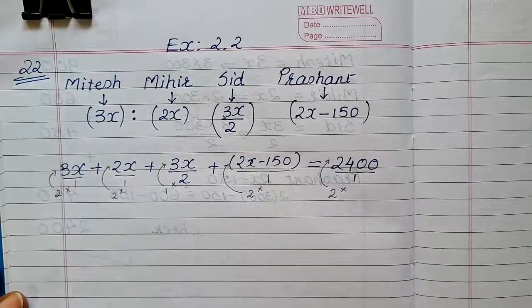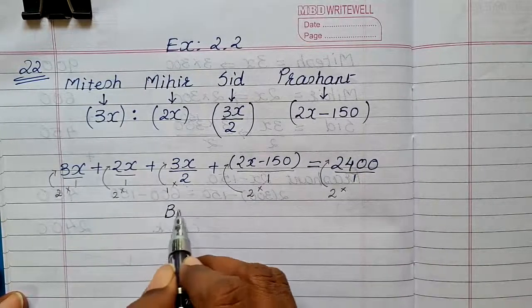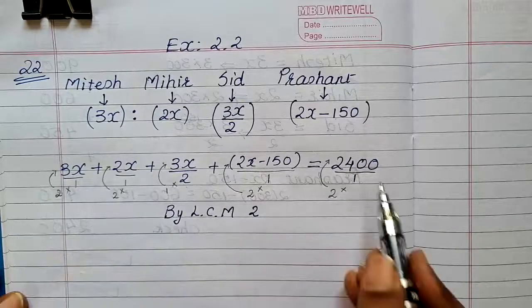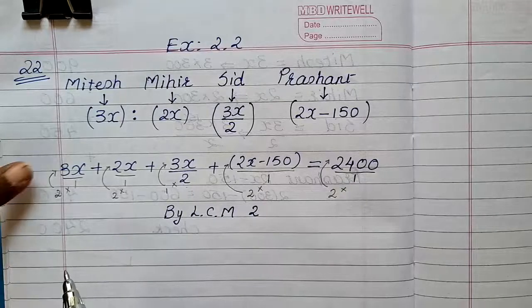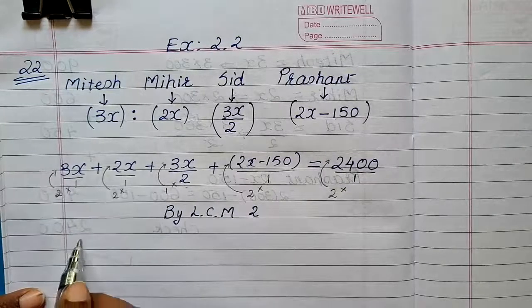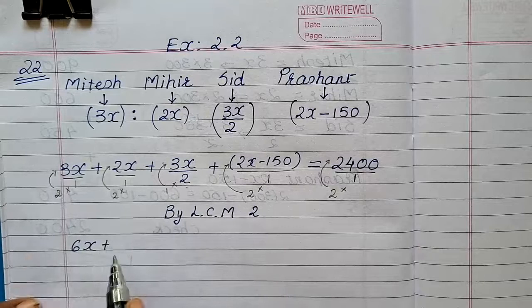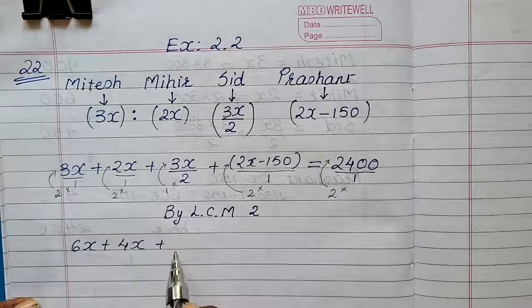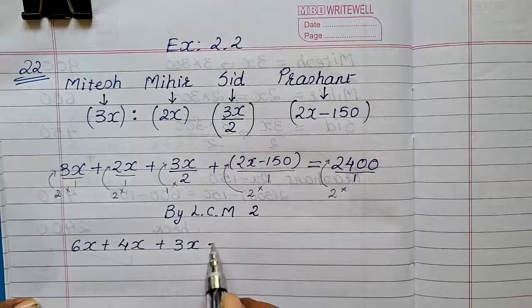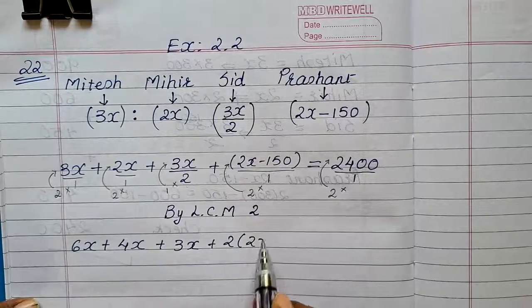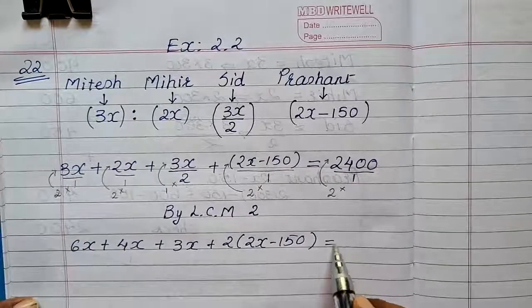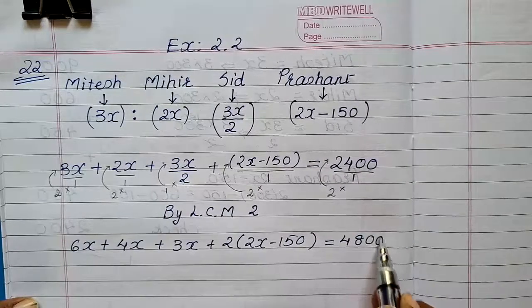Now, by LCM 2, the new equation would be, see, 3 2s are 6x, 2 2s are 4x, 3 1s are 3x, and this is also multiplied by 2, so 2x minus 150, and 24 2s are 4800, so this is 4800. Okay.